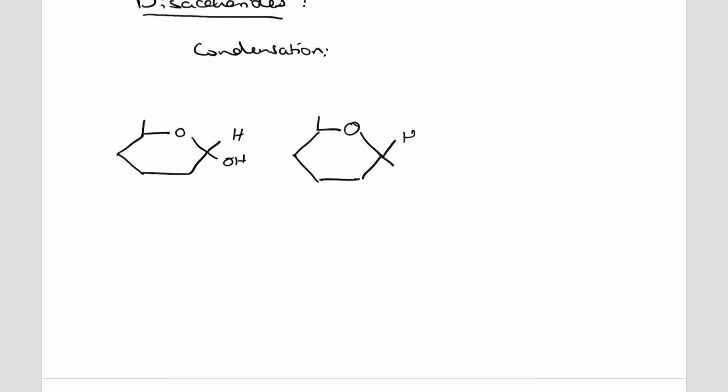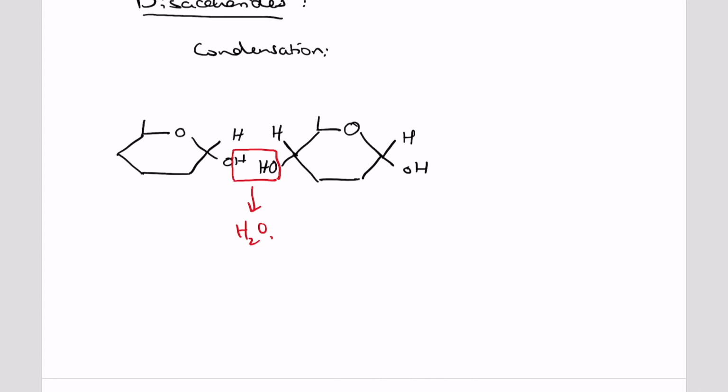I've drawn them slightly weirdly, but you'll still be able to see what's going on. So what happens is the molecule of water is taken out from here. These two react and this forms a molecule of water that's taken out.